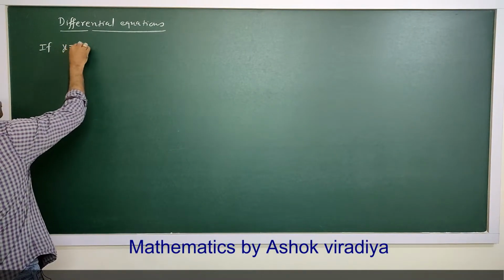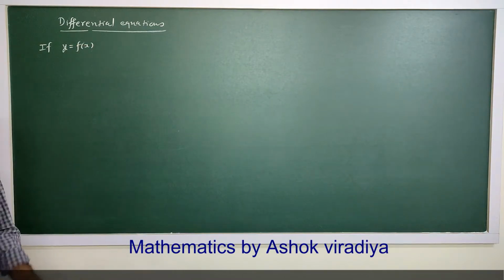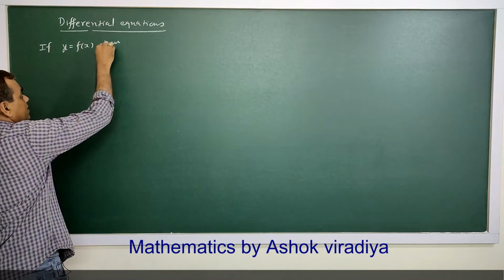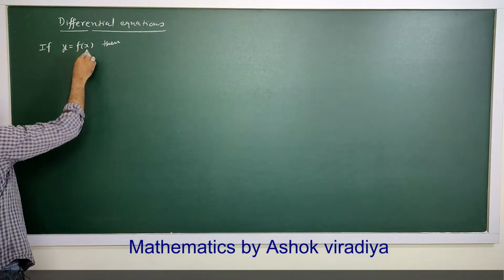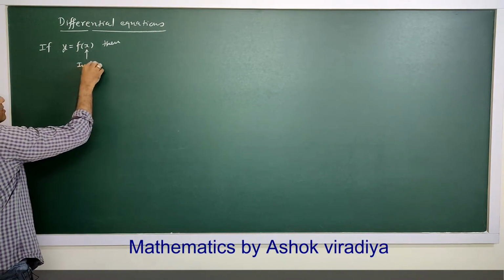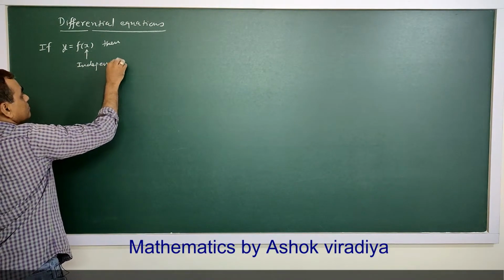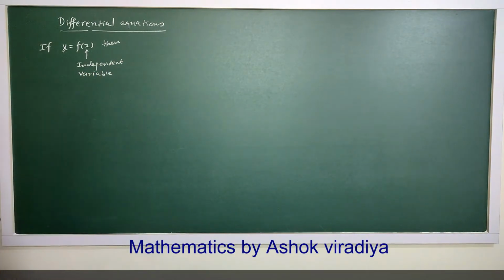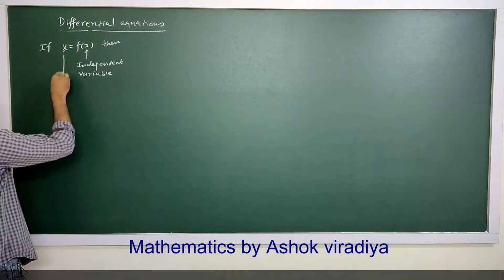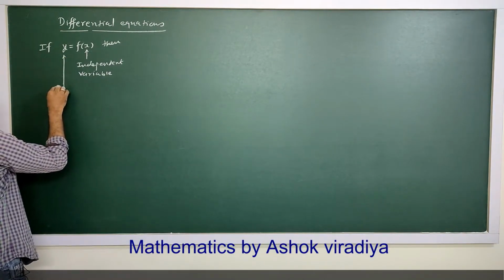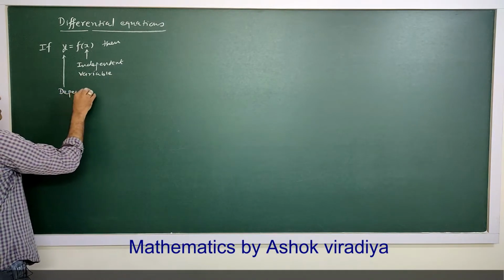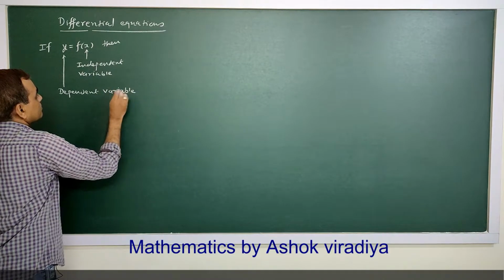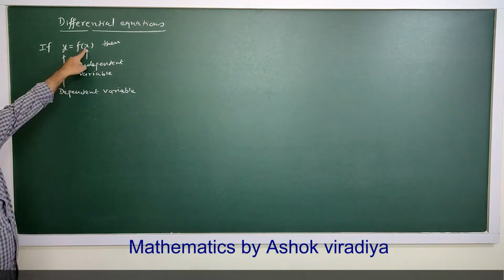Say if we have y a function of x, then in this relation we say x is the independent variable, and y is the dependent variable.